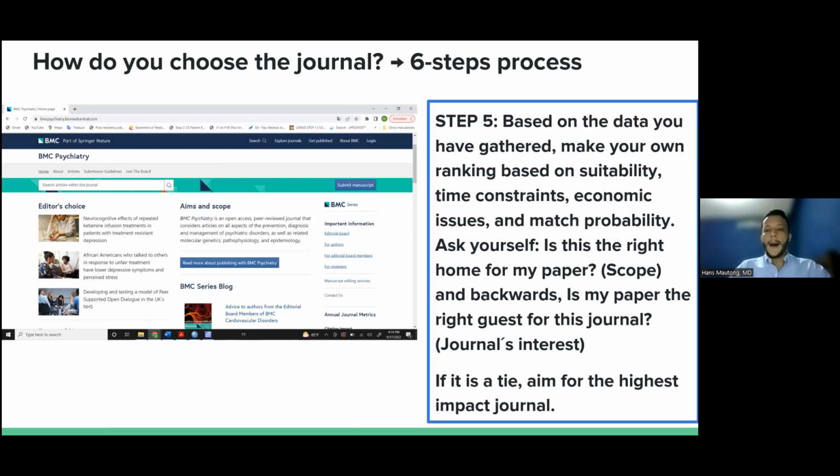And the same question, but backwards: is my paper the right guest for this particular journal? Which basically translates to the journal's interest in your work. So for example, if you have a randomized controlled, double-blind, multi-center, international trial about a cardiovascular drug, it is a very innovative study.